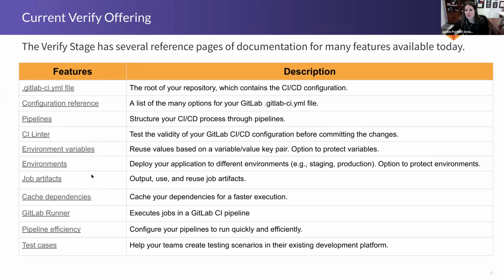Job artifacts, which are used inside the whole CI/CD lifecycle. And of course, pipeline efficiency and test cases, which are all about the whole life cycle of how people manage their pipelines and run pipelines in the CI use case. If you have any questions about any of these features or who owns them or any other details, or you're interested in submitting an MR to make the documentation better, please ping the S-Verify channel.